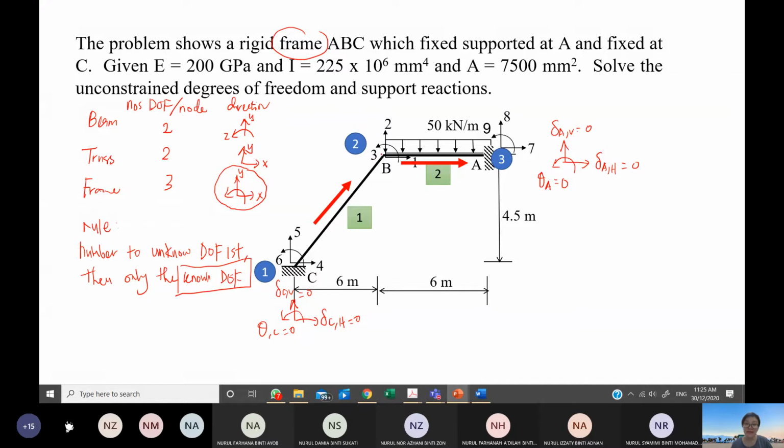The remaining DOF, 1, 2, 3 at node number 2, are named first. This is why the numbering is like this. Of course you can ask whether 7, 8, 9 can be named 4, 5, 6. Sure, you can do that, as long as you differentiate, because we want to partition which is unknown and which is known. It will be better for us to arrange and sort out our matrix.